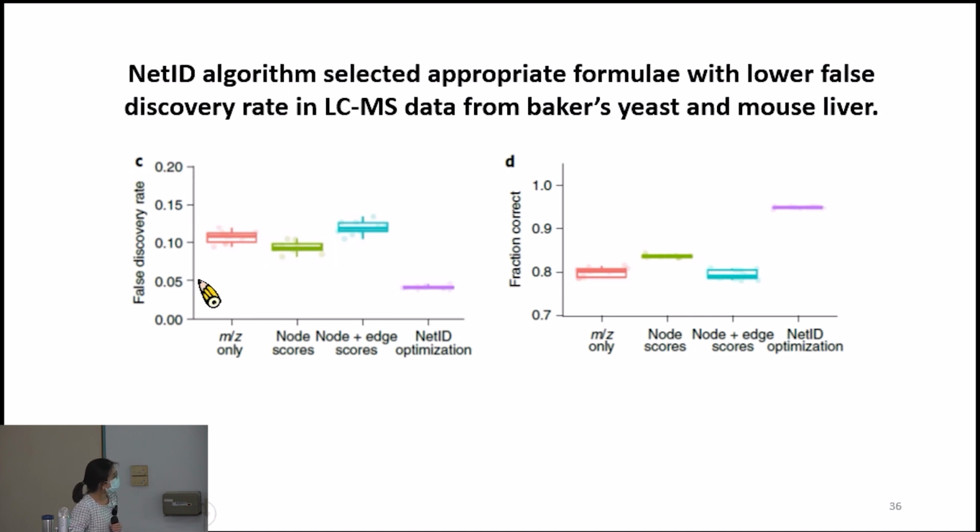In contrast, this NetID optimization approach can get a higher accuracy compared to the other algorithms using only one condition. Okay, so which means that, yes, this CANOPUS is powerful to get a good annotation of your unknown samples.